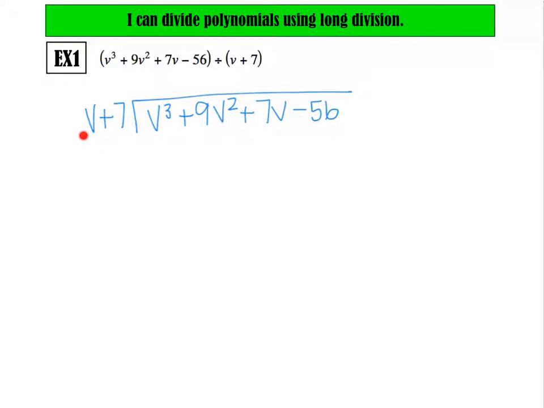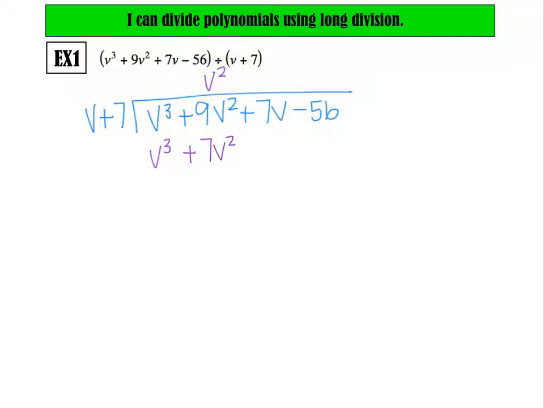And I'm going to say, what do I need to multiply v by to make it look like v to the 3rd? So the answer to that is v squared, because v squared times v is v to the 3rd, which is what I want. But I'm not just multiplying v by v squared, I'm also multiplying that plus 7. So essentially I'm distributing. So 7 times v squared is a positive 7v squared.